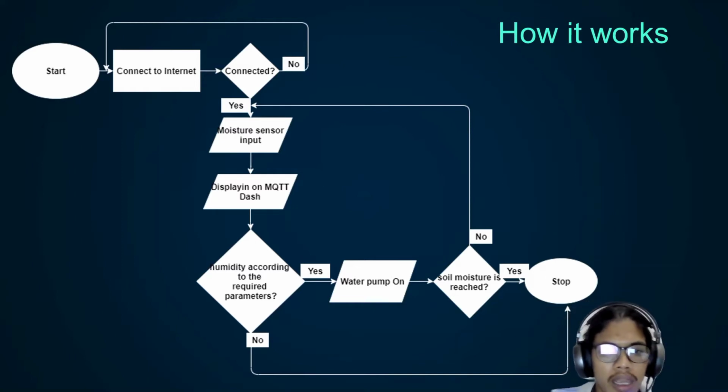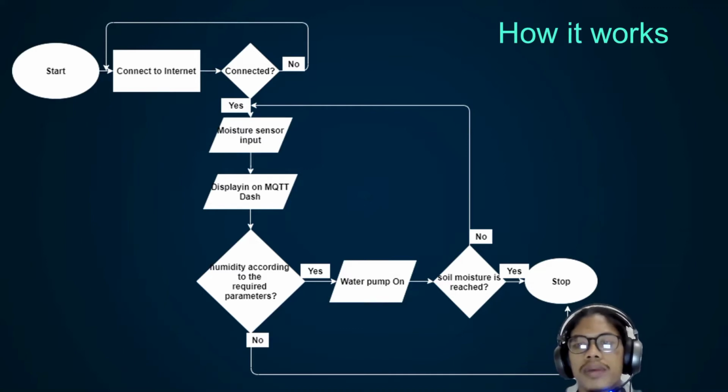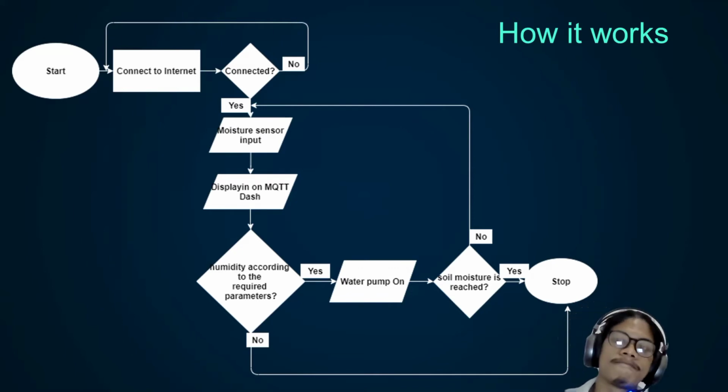And lastly, we check again whether the soil moisture value has reached the parameter. If the value has not reached the soil parameter, we repeat from getting the sensor data. If yes, we finish the system and stop.